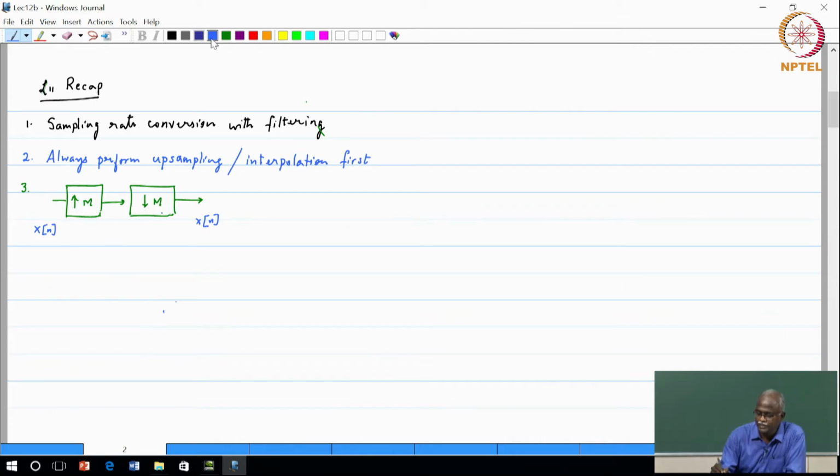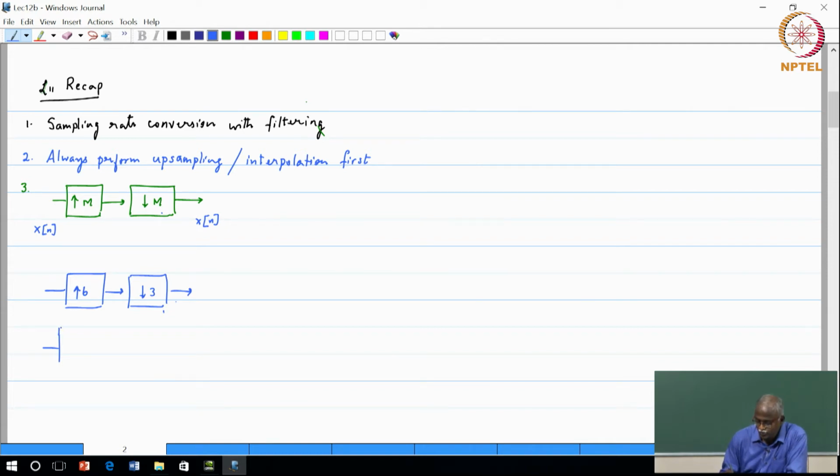This also leads to an interesting observation. So, if I have upsampling by a factor of 6, downsampling by a factor of 3, as you will agree, upsampling by a factor of 6 says I am going to insert 5 zeros between every pair of samples.